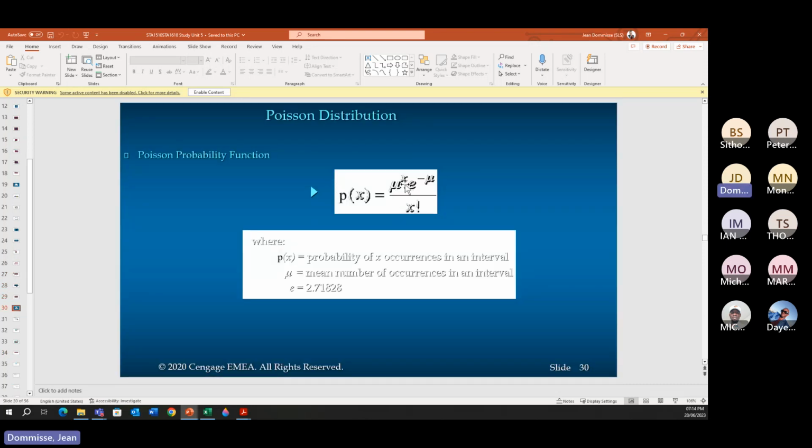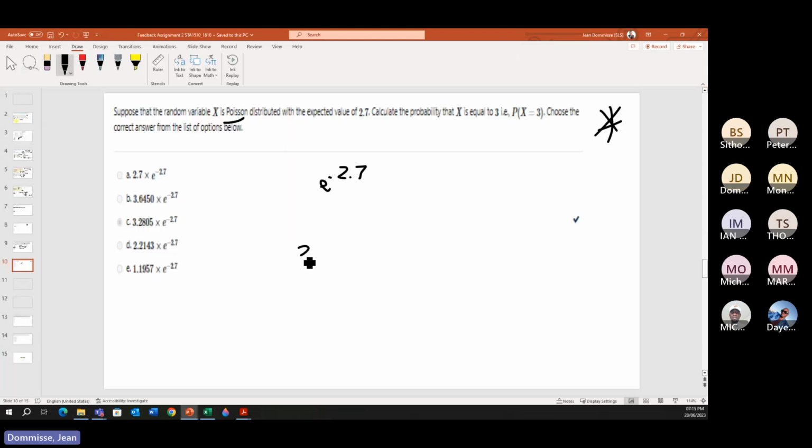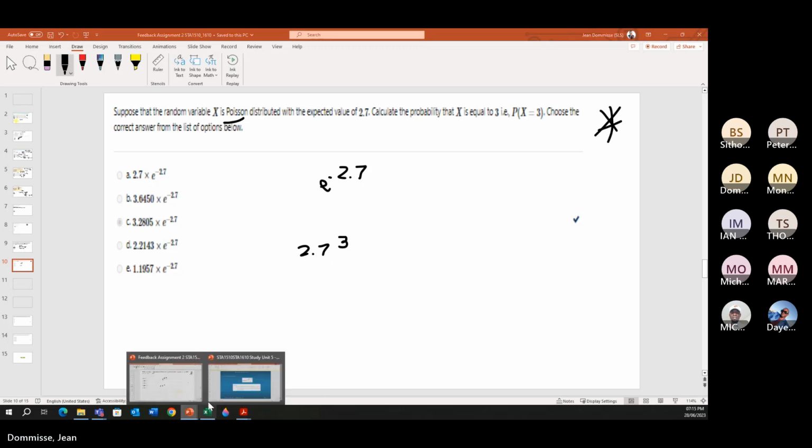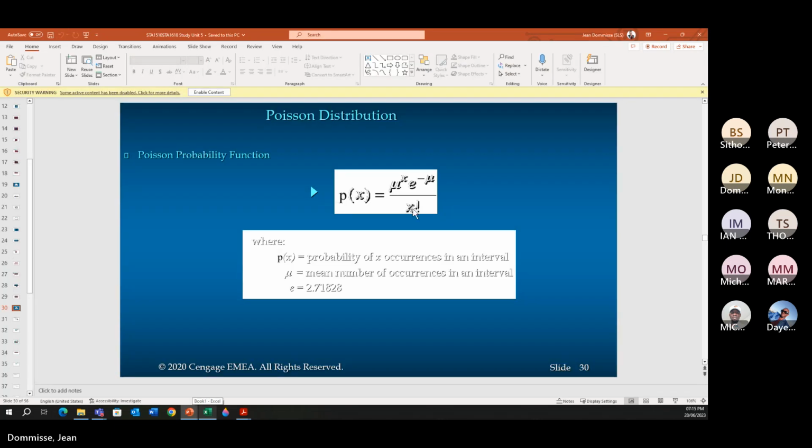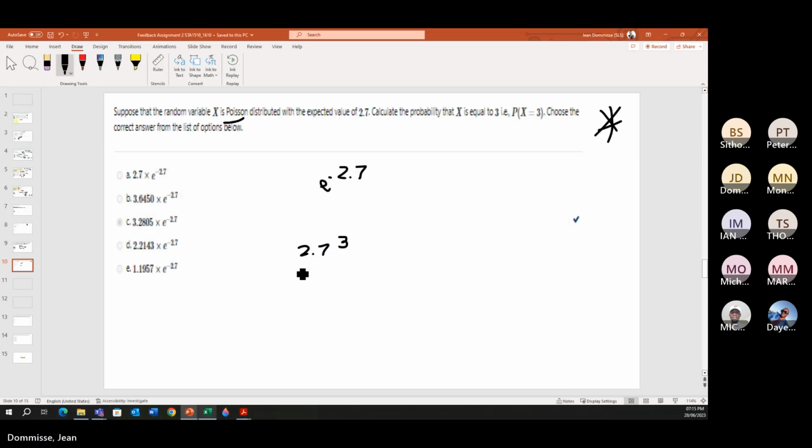Okay, so let's quickly see. There's the e to the minus the mean, so that was 2.7, and 2.7 to the power of x, and x factorial, so it's 3 factorial, and then e to the power of minus 2.7.